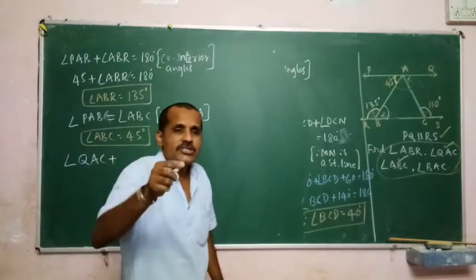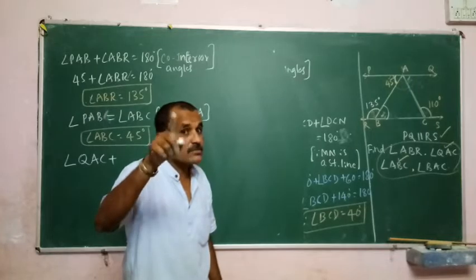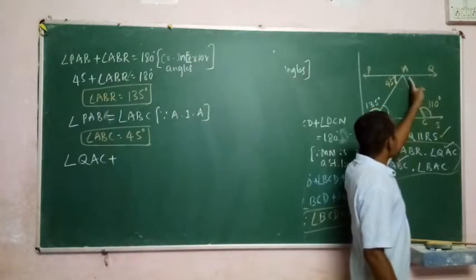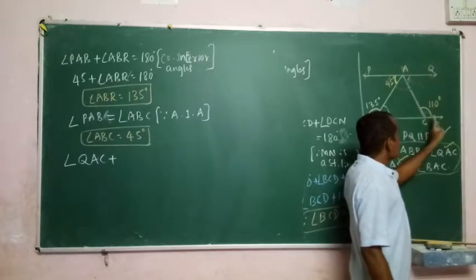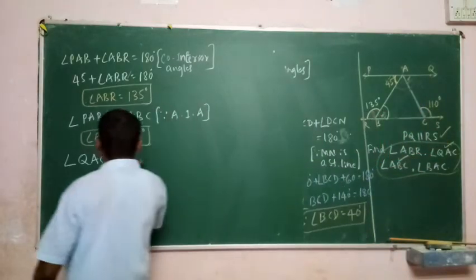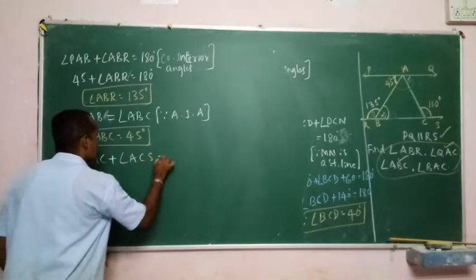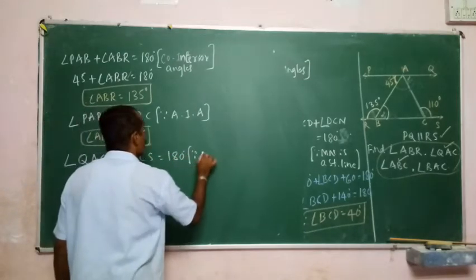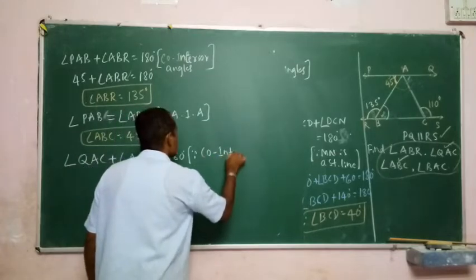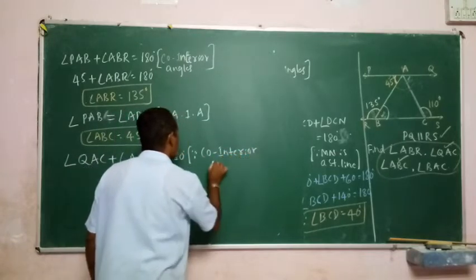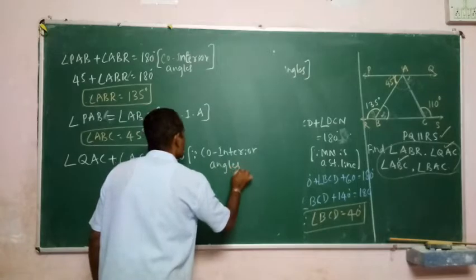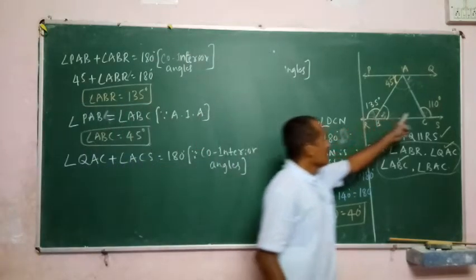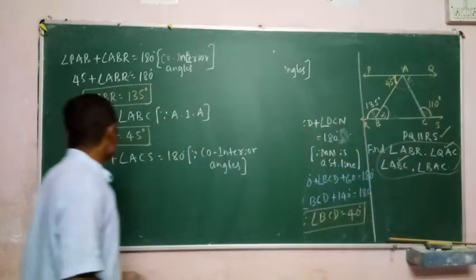Wherever you get co-interior angles, add them because the sum is 180; they are supplementary angles. ACS is 110.